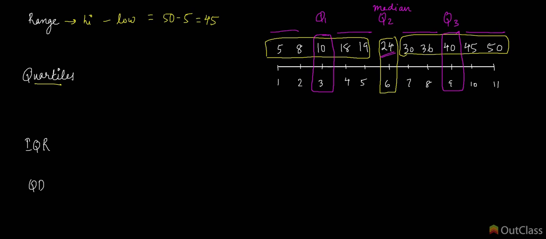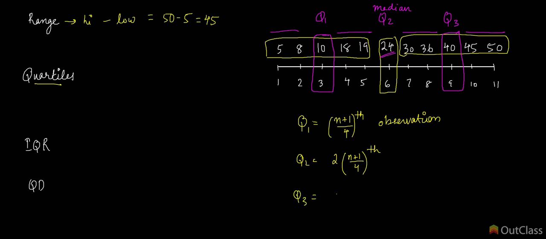Now from the point of view of formulae, Q1 is basically the (n plus 1) by 4th observation. Q2 would be twice that, 2 into (n plus 1) by 4th observation.